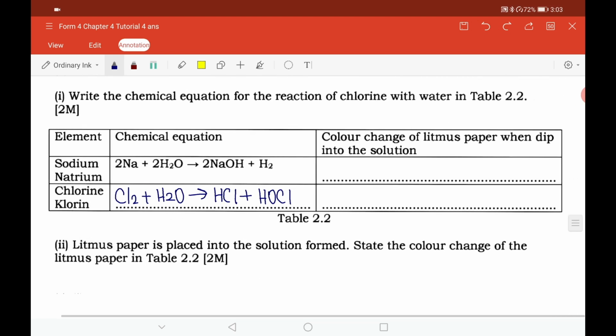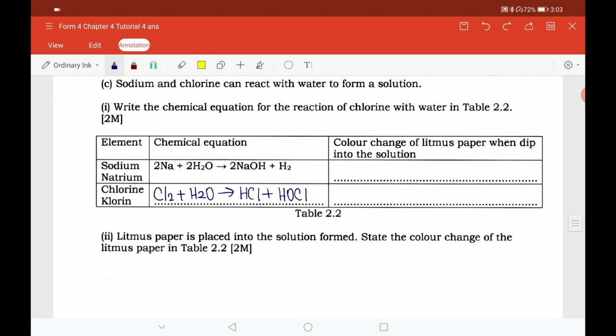Next, we need to know the color change of the litmus paper. Let's start with the first one. When sodium is put with water, you produce sodium hydroxide. Anything with OH is alkaline. This makes sense because sodium is group 1, and group 1 is alkali metal.